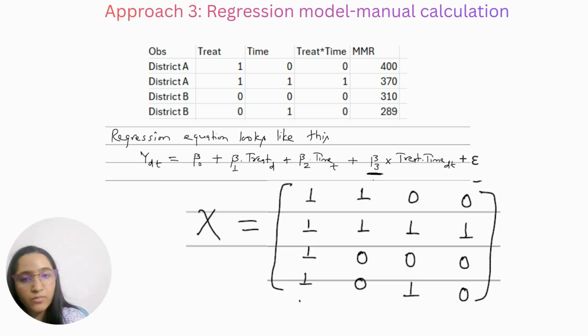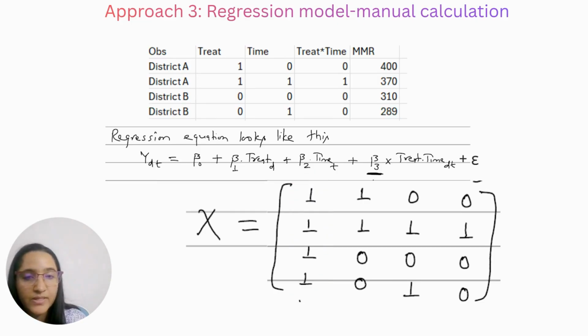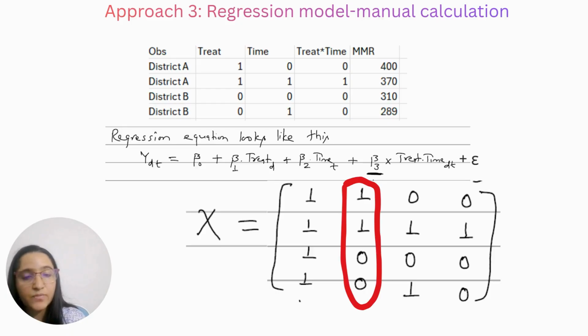So the first column of this matrix is for the beta naught. So we keep 1 for the intercept value. For example, here beta naught multiplied by 1, right? And then the second column of this matrix is for the predictor variable treat, the dummy variable treat.